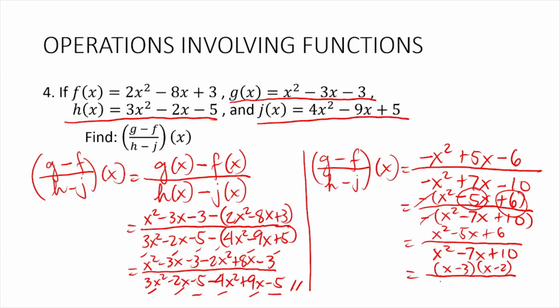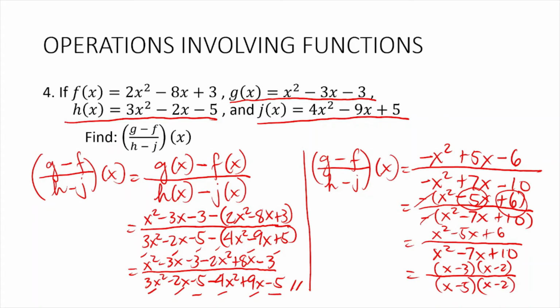Then on the denominator, we have x minus 5 times x minus 2. Okay. Then again, we can check by taking the product first. So we have here negative 5 times negative 2.